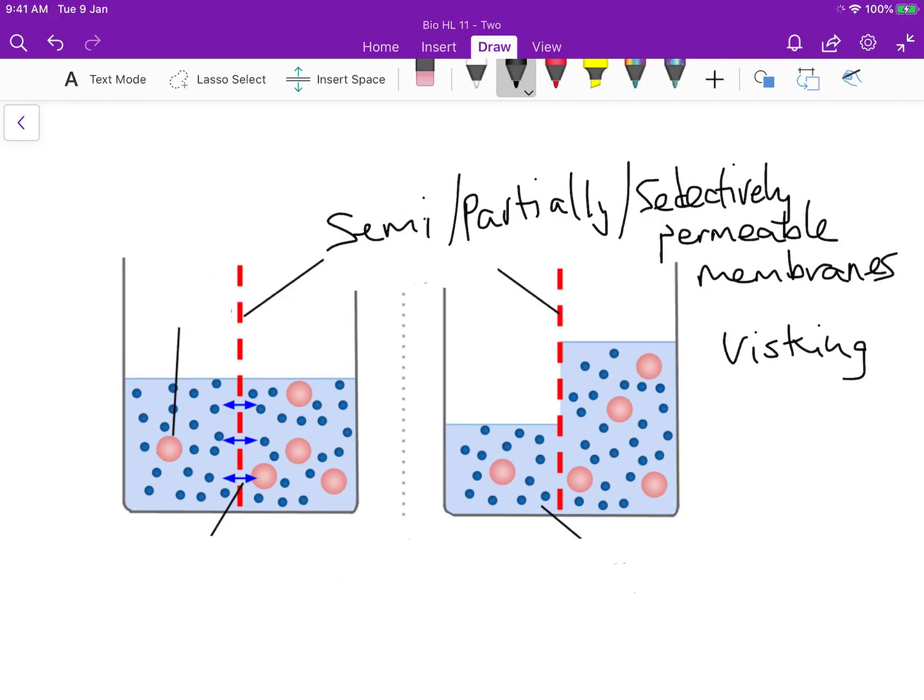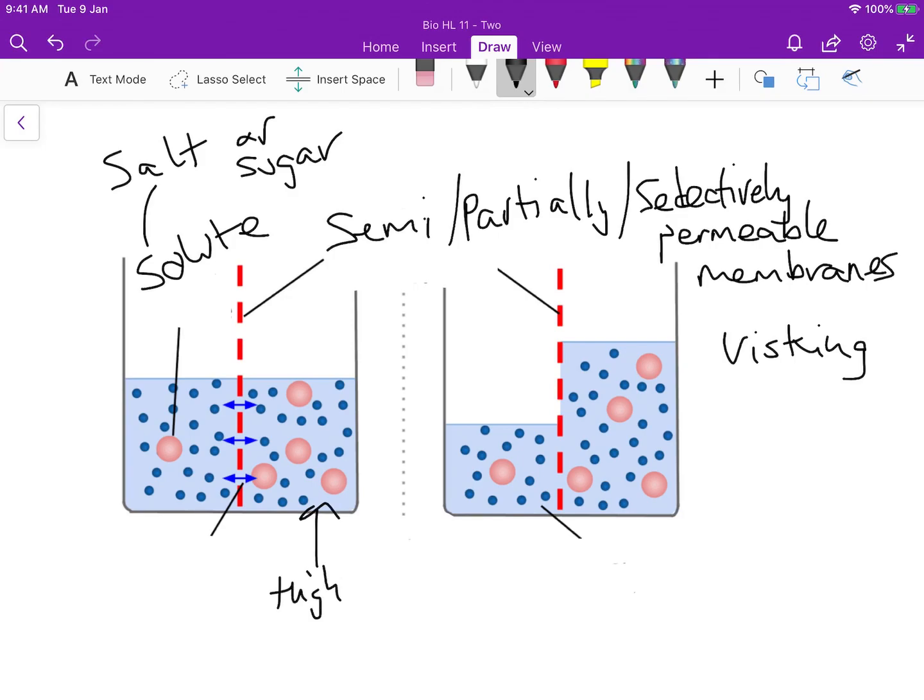So in these two situations here, we have solute, which could be salt or sugar. And we can see that we've got a higher solute concentration here, and a lower solute concentration over there.